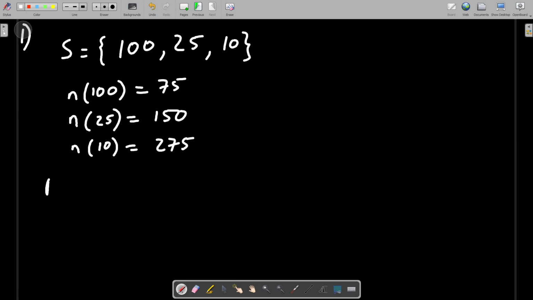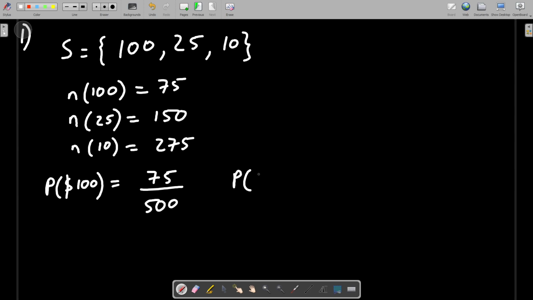So now what should be the probability of getting $100? I'll write $100 so that's clear. So it's going to be 75 divided by 500, because there are a total of 500 envelopes, out of which 75 contain $100 in them.